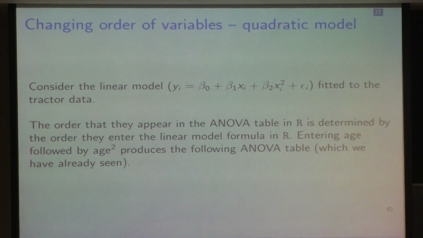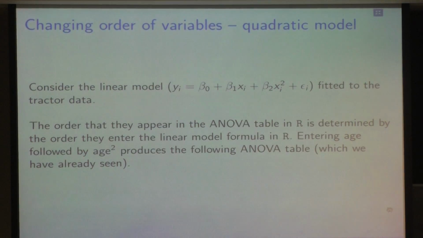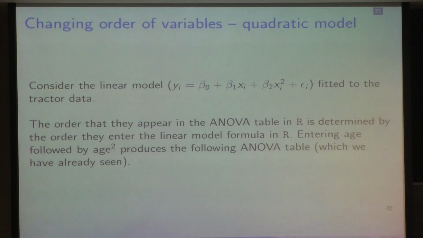Okay, so what we did yesterday was we entered the terms as age followed by age squared. So that means that the order that the variables were considered in R is first we include age and then we include age squared.